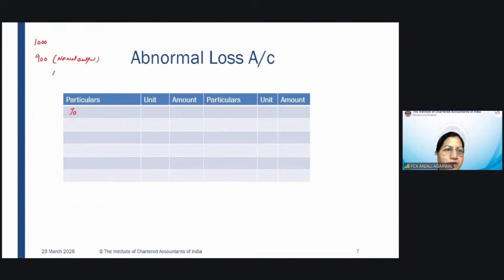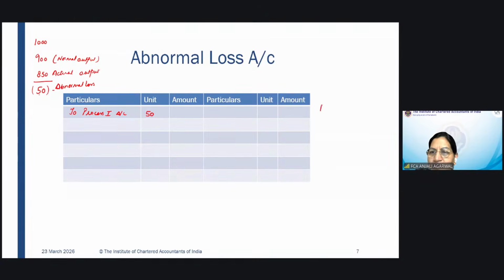But if your actual output is 850, then you have an abnormal loss of 50 units. So it will also be on the credit side of the process account. So you will write to process account 50 units were there as abnormal loss.